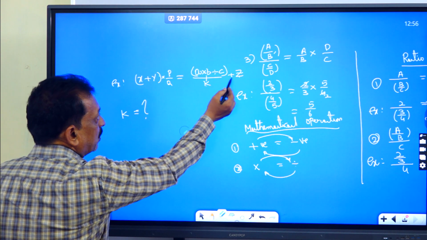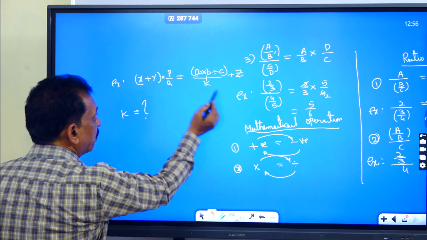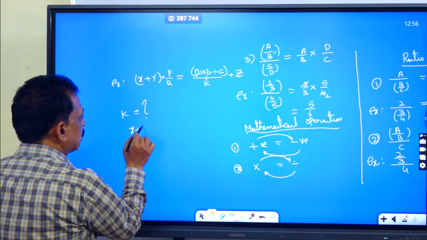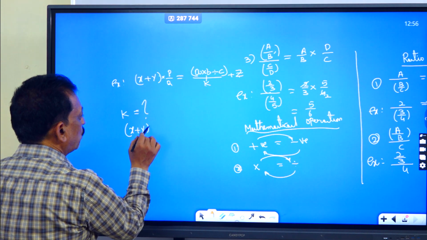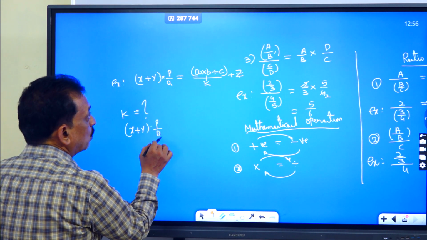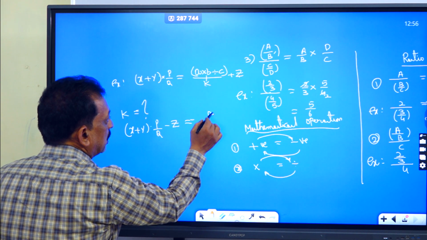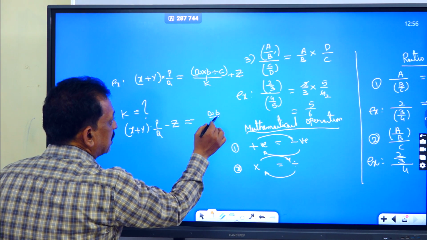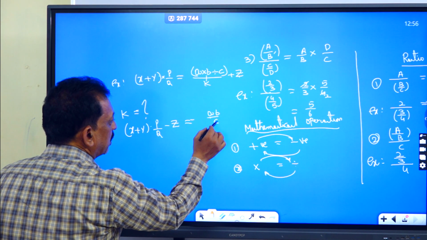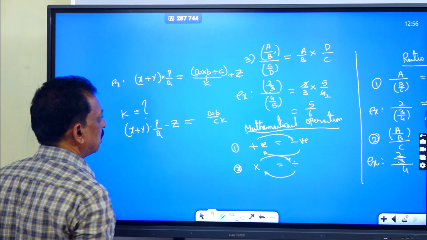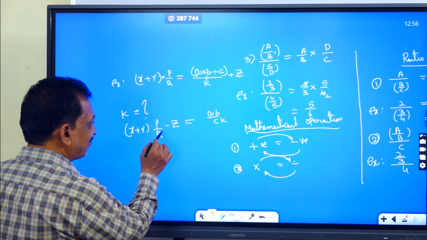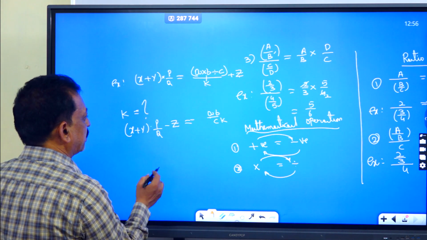So for finding k, you bring z to this side: x plus y into p by q minus z is equal to a into b by c, that is called as ck or kc. Now here you take LCM, then reciprocate.